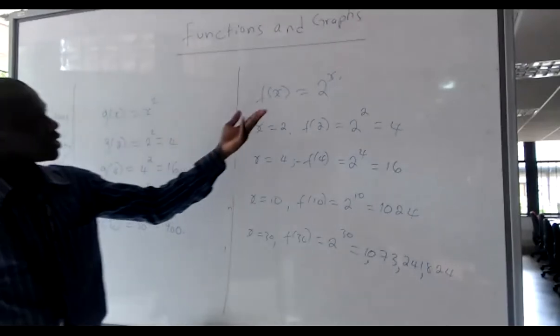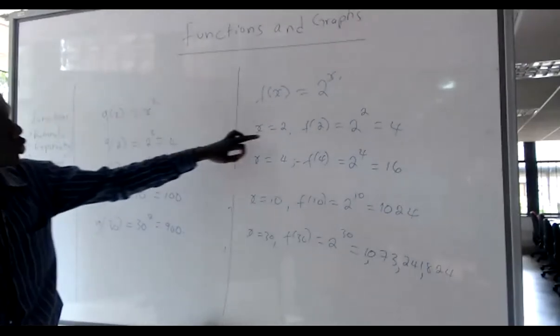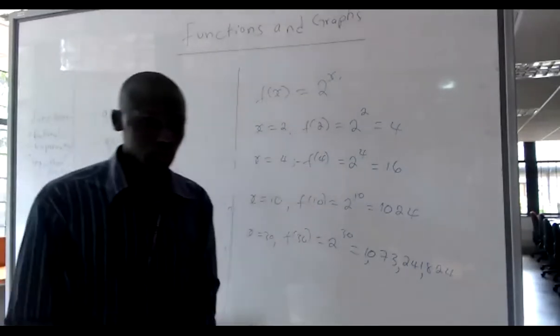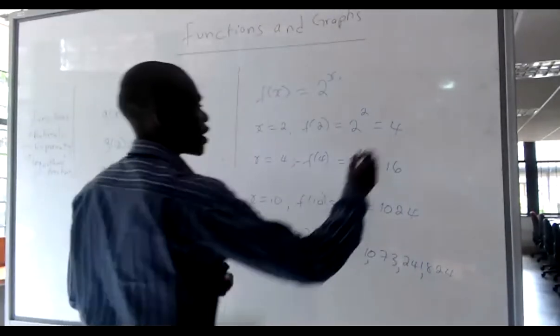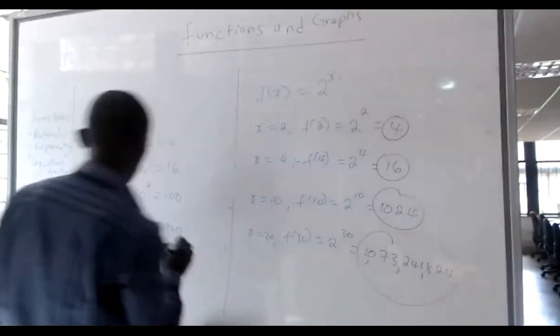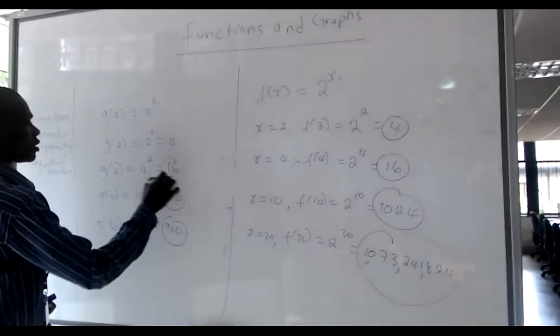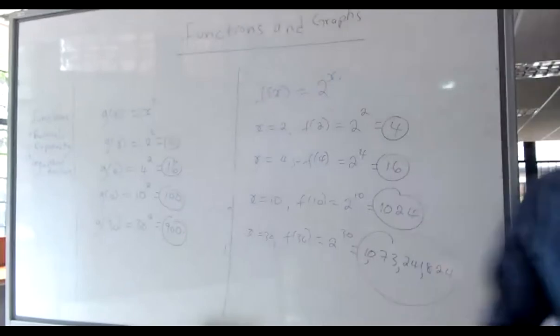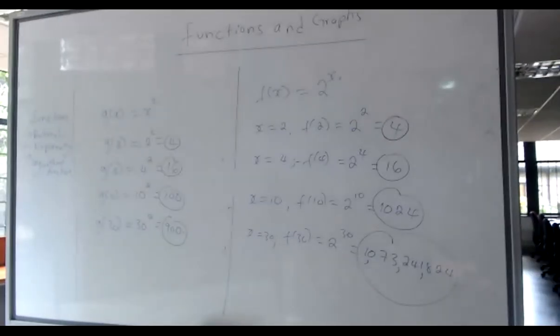We have evaluated the functions f and g at 2, 4, 10, and 30. Can someone give me a comparison of the values? The values I'm referring to are 4, 16, 1024, that number, 900, 100, 16. Compare those values. What can you say about them?